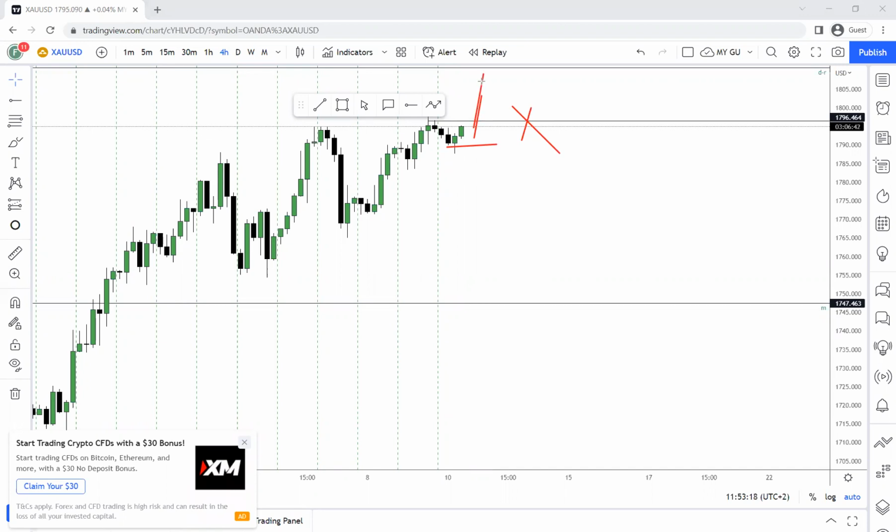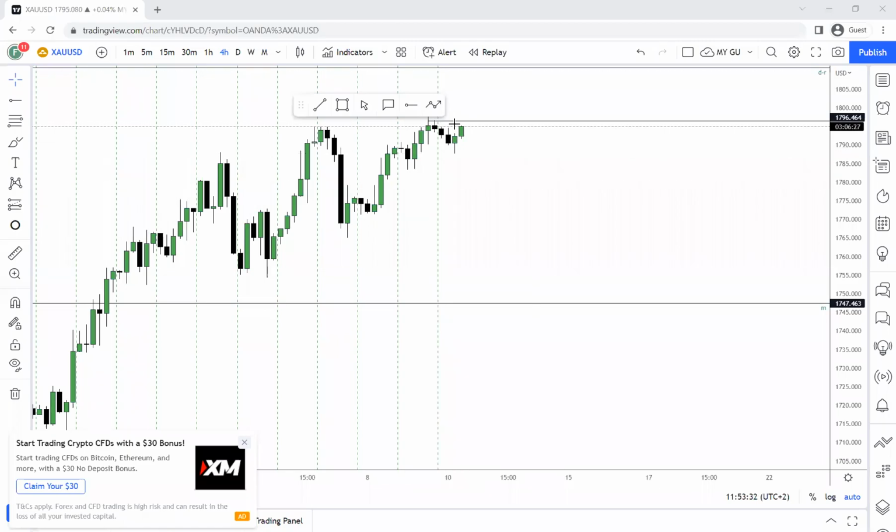And then you can see if price is going to go higher and then create a new low. All right, so that's what we'll be looking for.